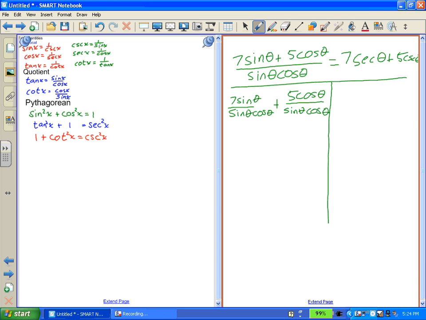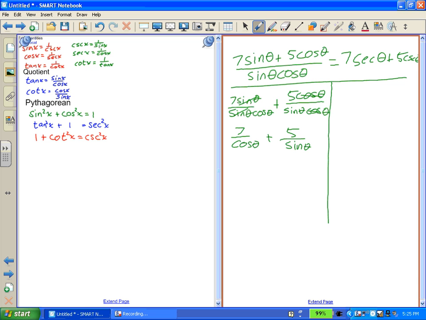Now I can see right away the sines cancel here, and that leaves me with 7 over cosine theta plus, and here the cosines cancel, and I have 5 over sine theta.